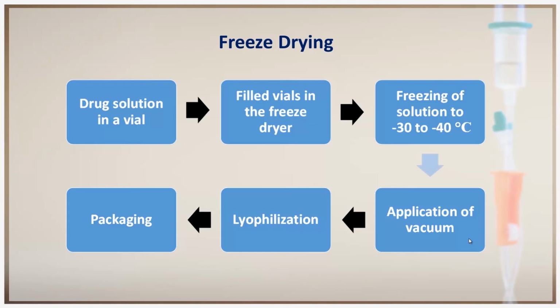When the product has solidified sufficiently, the pressure is reduced to less than the vapor pressure of ice at the temperature of the product, and heat is applied to the product by increasing the temperature of the circulating fluid. Under these conditions, the water is removed by sublimation of ice.